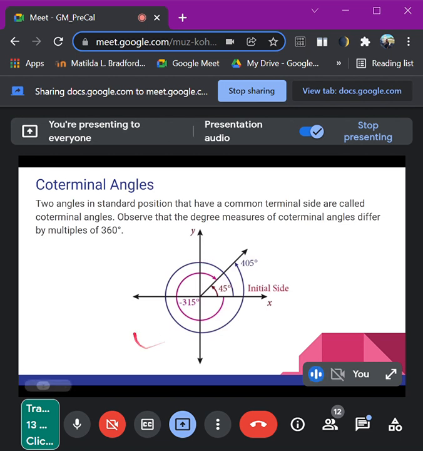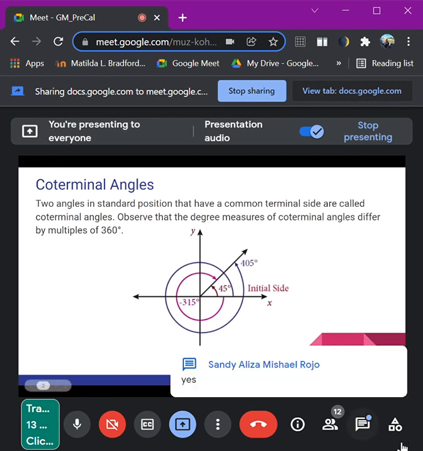So let's look at the first one, this 45 degrees. Is it in standard position? Is the 45 degrees in standard position? Is its initial side on the positive x-axis? Yes or no?